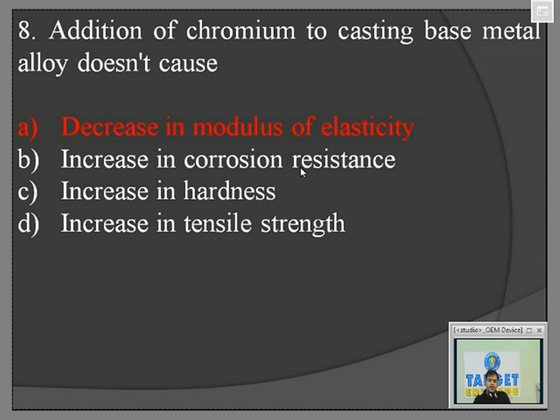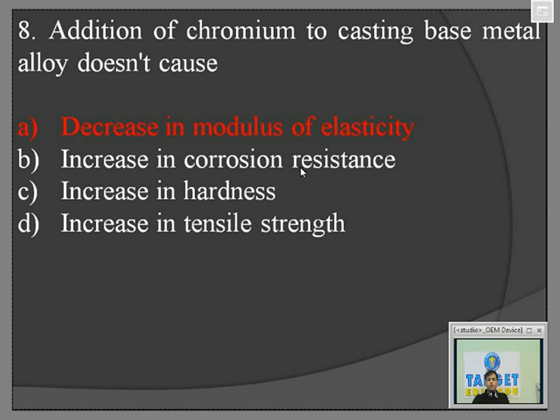Next question, question number 8. Addition of chromium to casting base metal alloy does not cause. So the main reason for adding chromium to base metal alloys is that chromium is a passivating metal.